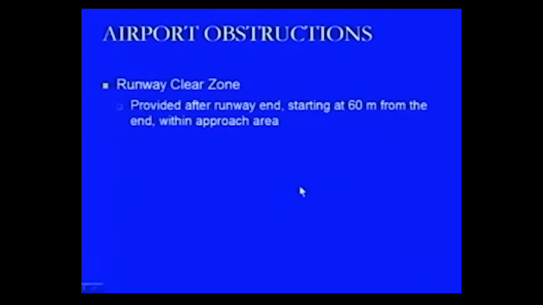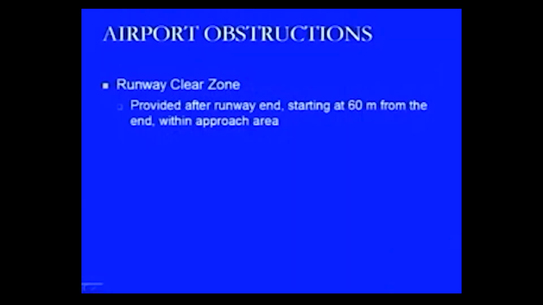We look at another thing in the case of obstructions, that is related to the runway clear zone. As we have seen in the imaginary surfaces also, there is a clearance zone which is provided at the end of the runway strips, and it starts at 60 meters from the end within the approach area. So, this is how it is located.